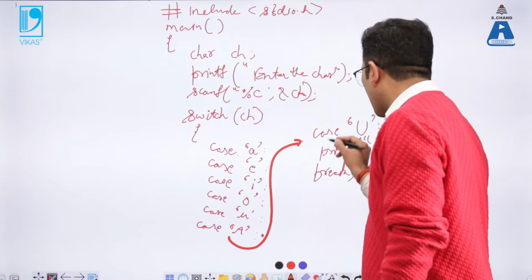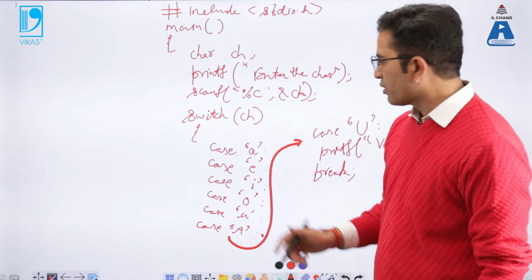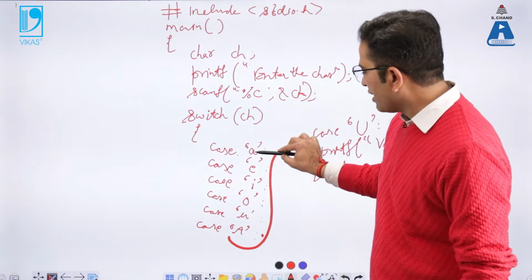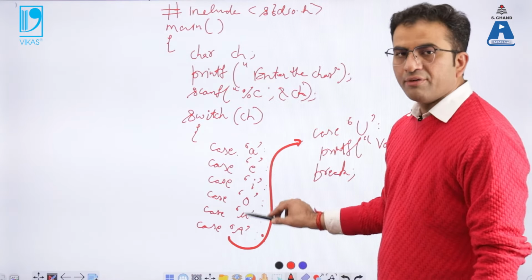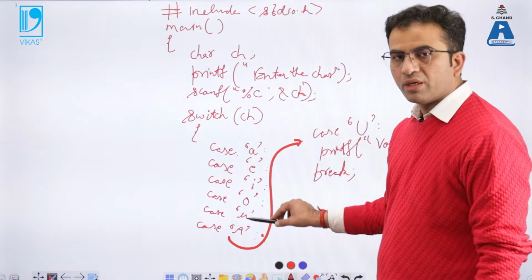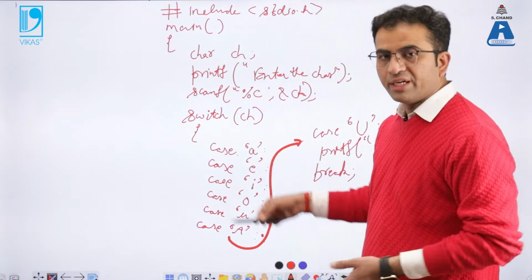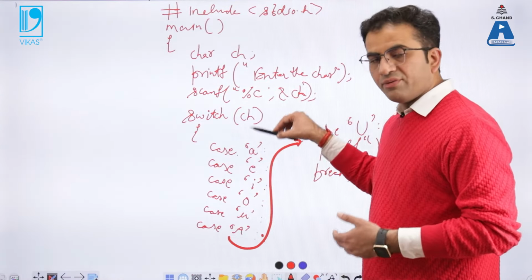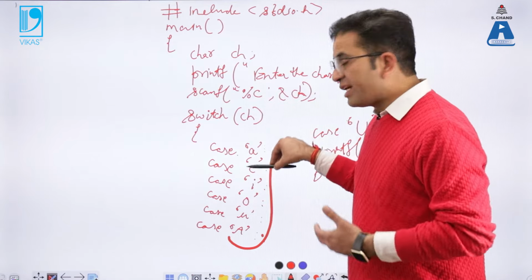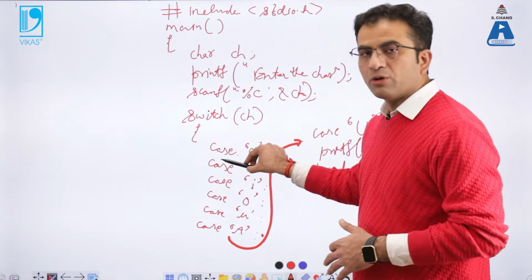Only in the last statement we have applied a break, because we have to check each and every case one by one. If we don't want to check case one by one, then we need to apply the break statement after every case. If we want to check every case one by one, then there is no need to apply the break.